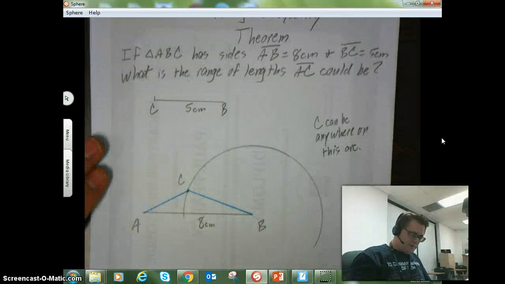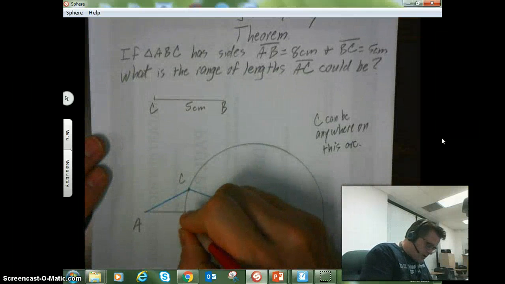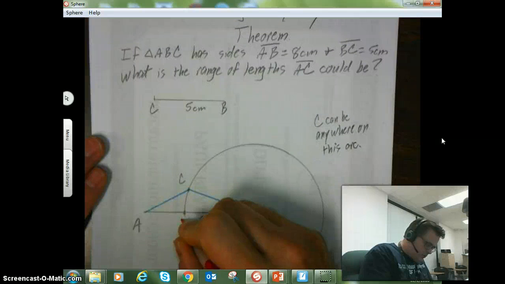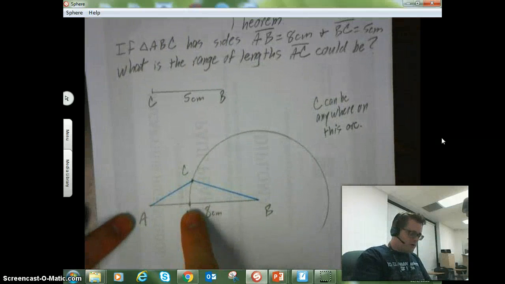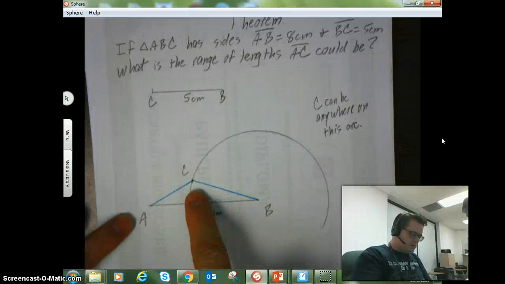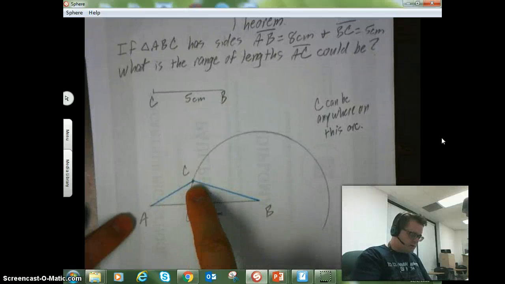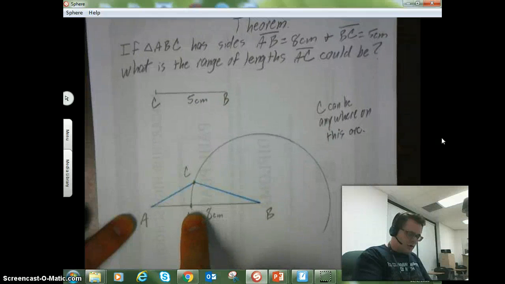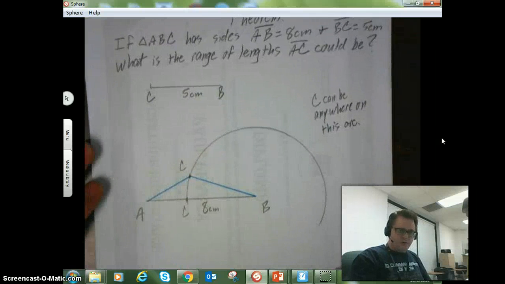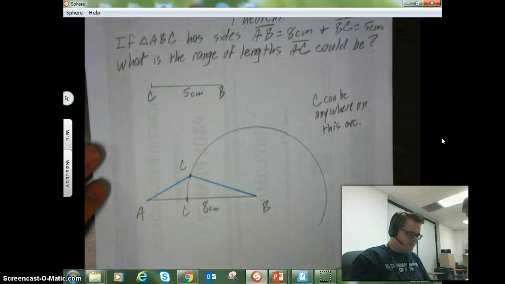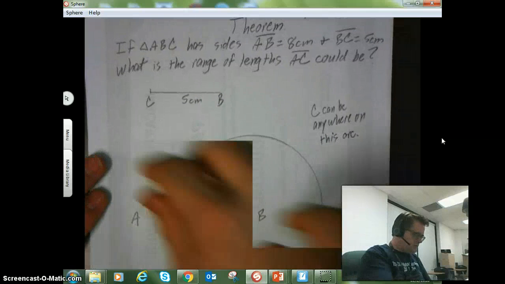Well, let's suppose that point C was right here. If point C is right there, we don't get a triangle at all. So we have to have something somewhere else along this arc, but not on segment AB itself, because that doesn't give us a triangle. It just gives us a line.